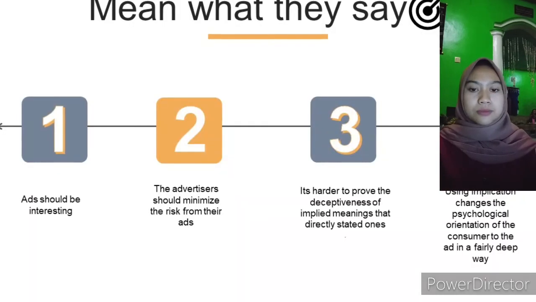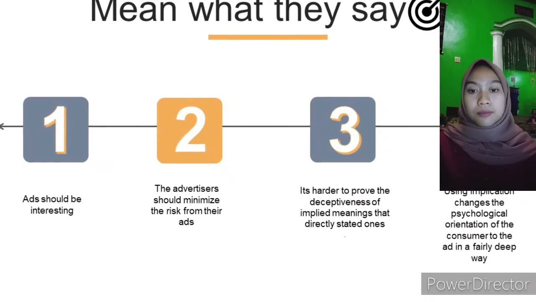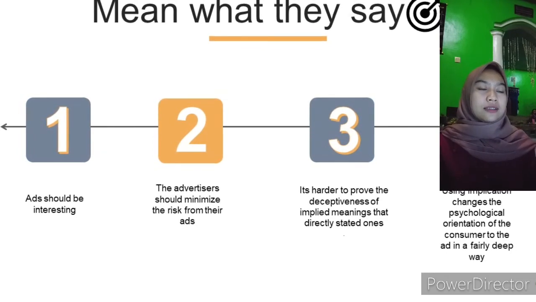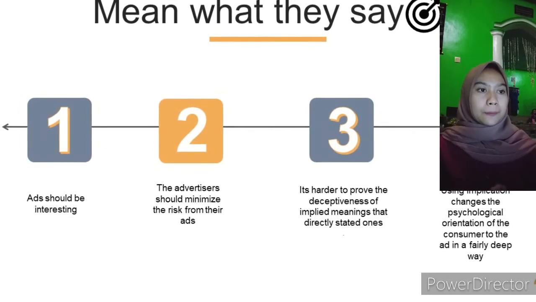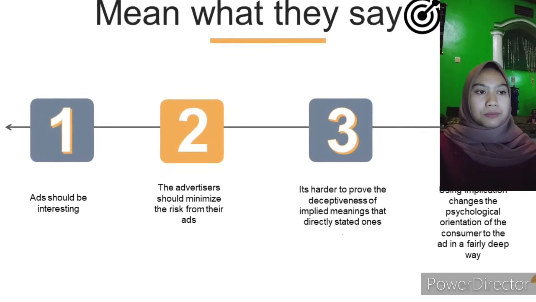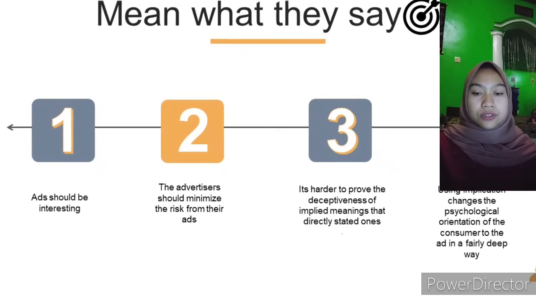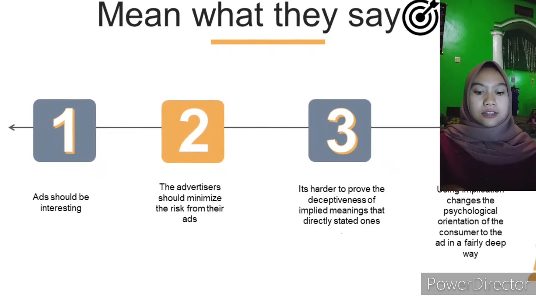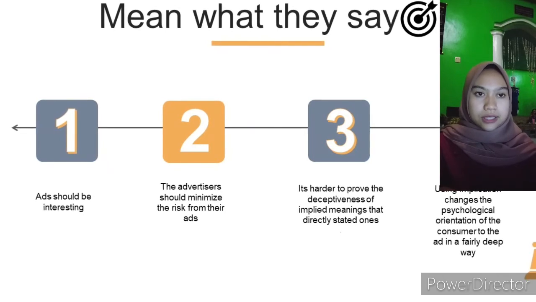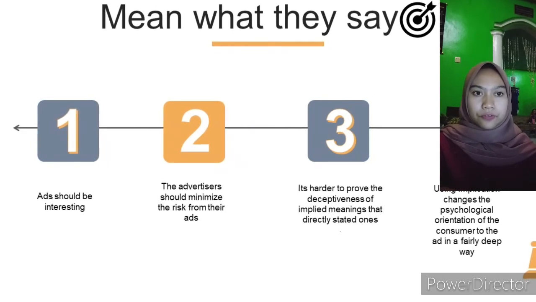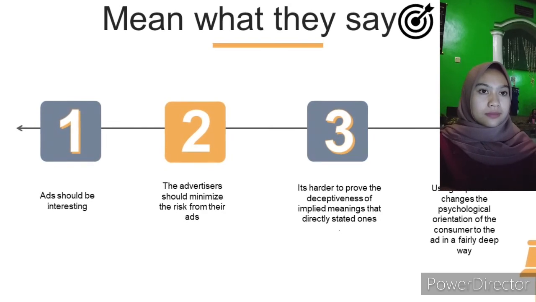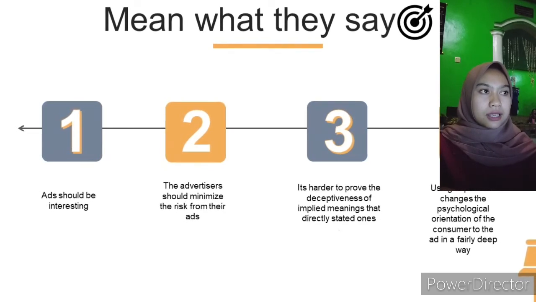Why do advertisements not say what they mean or mean what they say? The reasons are: 1. Advertisements should be interesting, not direct, by using simple words or even strange words and strange pictures. 2. The advertiser should minimize the risks from their advertisement. 3.